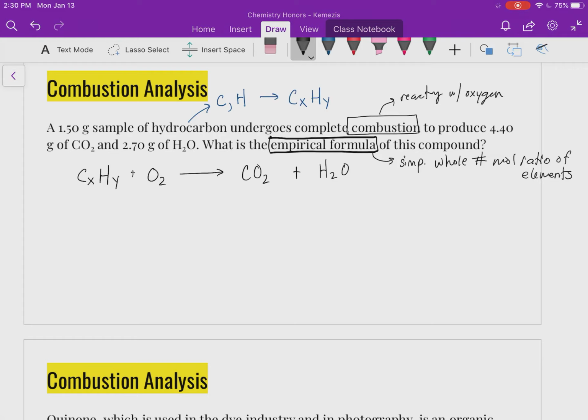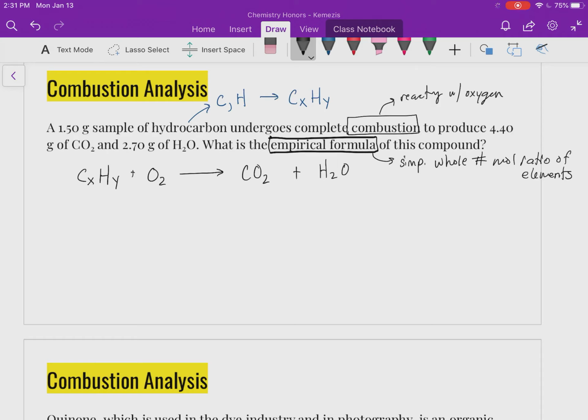So if you go back into your notes, right in the slides, remember that we had a process for finding the empirical formula. We took the percent composition and we turned the mass into moles, and then we took the ratio of the moles.